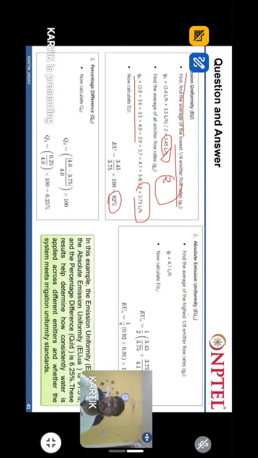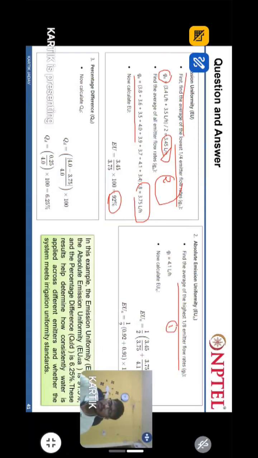Next, absolute emission uniformity. In addition to the Qn, we also need to identify Qt, that is the average of the highest one-eighth of the emitter flow rates. Here we have a total of 8 emitters, and one-eighth of 8 is 1.